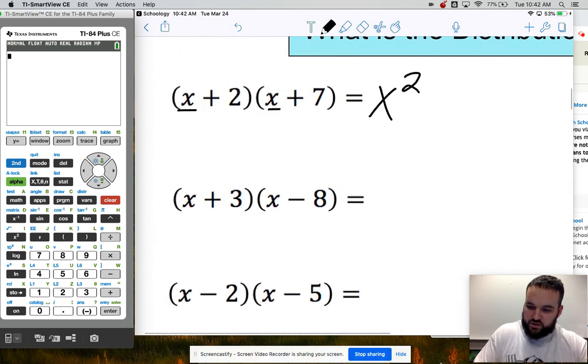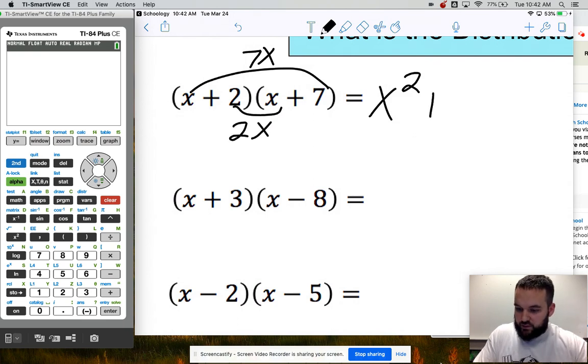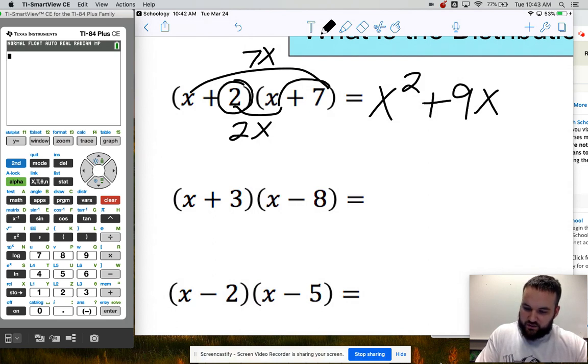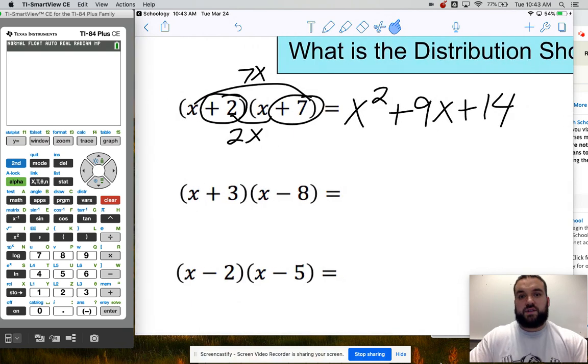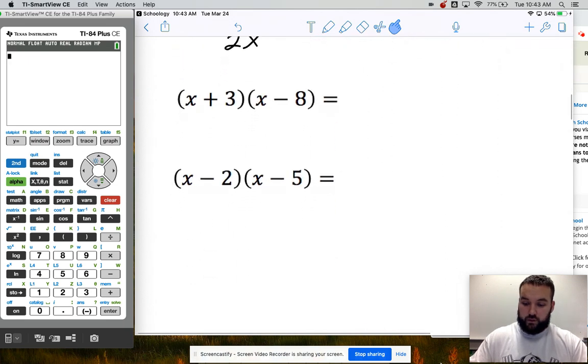If I were to distribute x times 7, that'd be 7x, and 2 times x would be 2x, then I could combine those together to give me 9x. And then finally at the end, positive 2 times positive 7 is plus 14. So that can allow me to multiply them together very quickly.